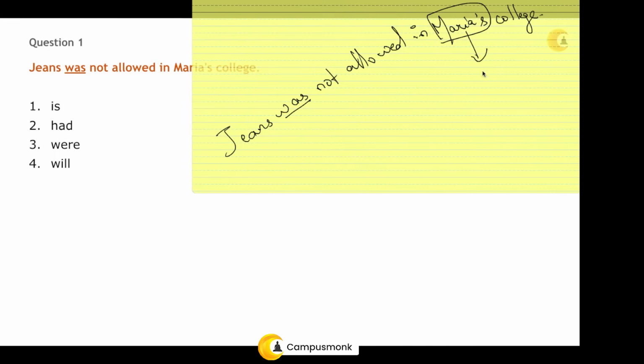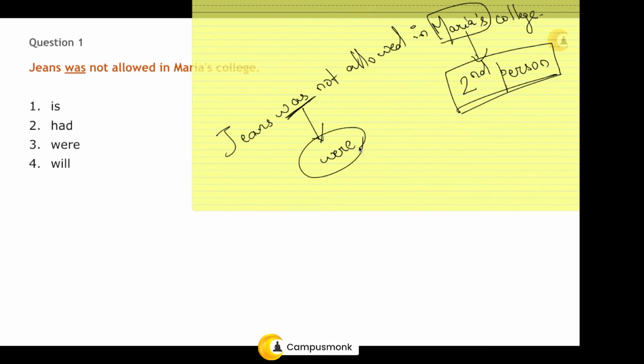Maria is a second person to whom I am referring. I am referring to a second person, Maria, and I am saying that in her college, jeans was not allowed. So what will you replace? If it is a second person, you will replace it with were. Jeans were not allowed in Maria's college.